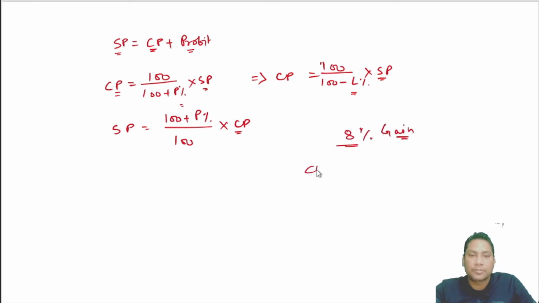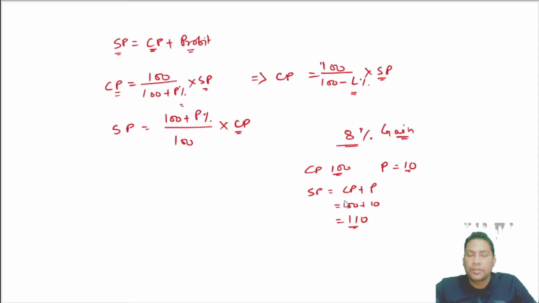The amount of cost price will be 100, then there will be a gain or profit of amount 10. So we can calculate the amount of selling price. The formula of selling price is cost price plus profit. That will become 100 plus 10, 110.